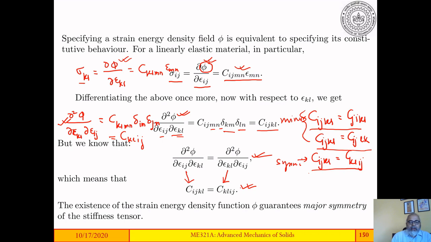Okay, but that's it. 21 is what you will have to determine, and 21 still is a large number. A lot of experiments will be needed for every material to determine these 21 constants.